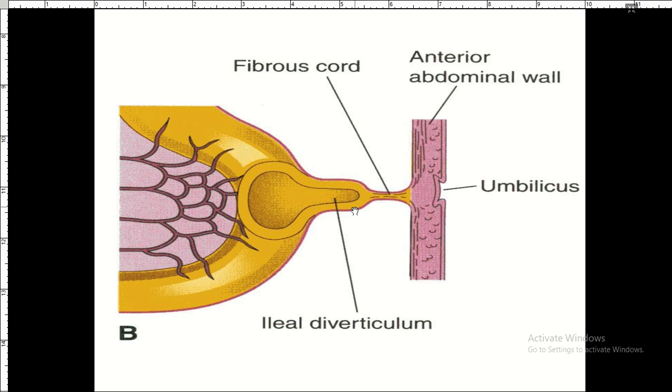It can be 40 to 60 centimeters from the ileocecal valve at the antimesenteric border. What is quite interesting about the Meckel diverticulum is that the tissue in it can histologically be the same as the tissue in the pancreas. So you can actually see this tissue being able to produce digestive enzymes because it will be the same as the tissue in the pancreas.